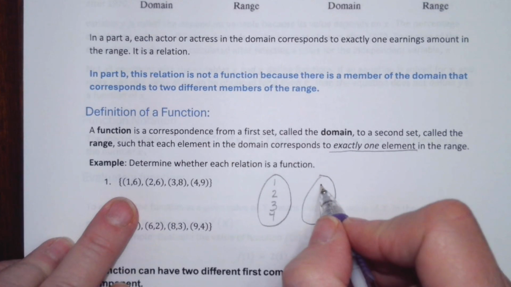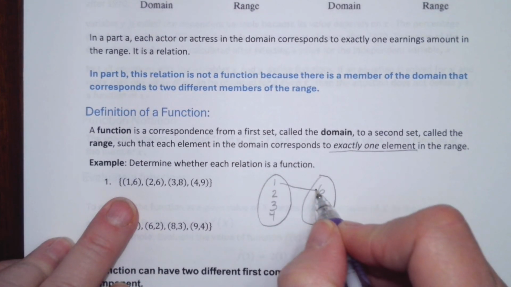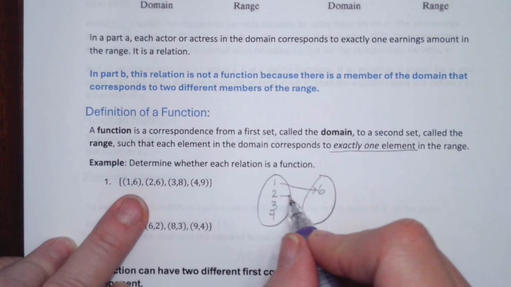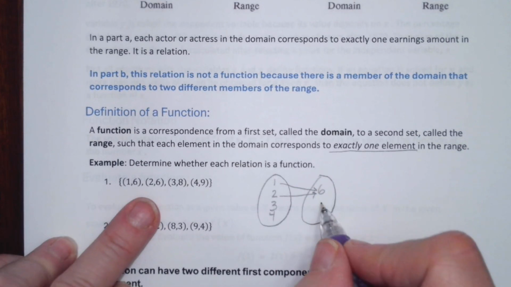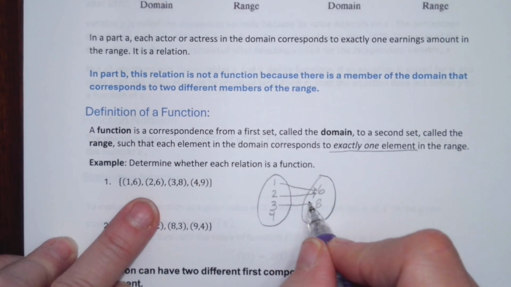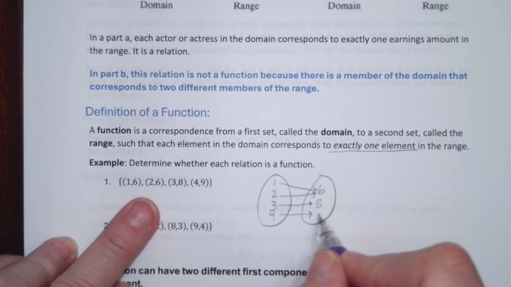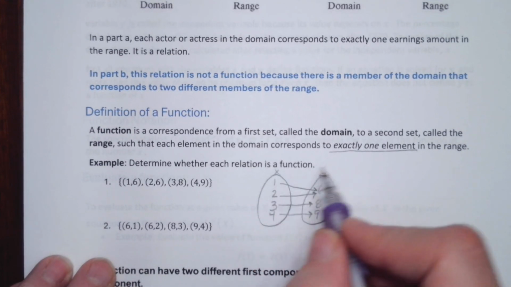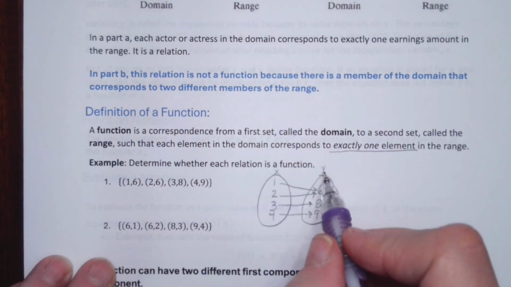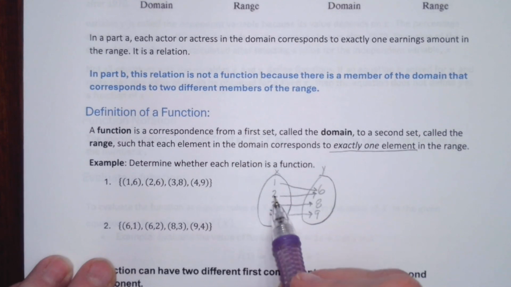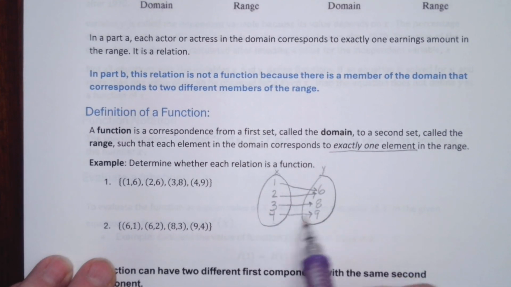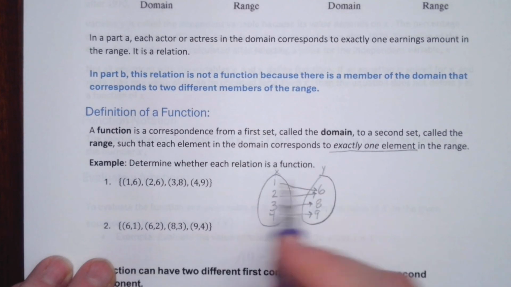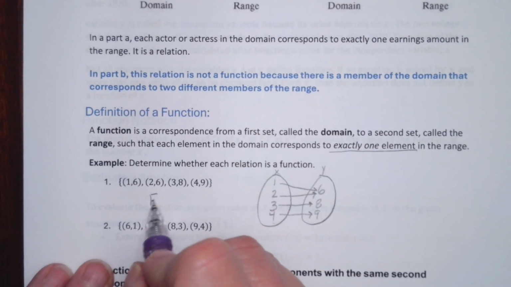So 1 goes to 6, 2 goes to 6, 3 goes to 8, and 4 goes to 9. So this is my X, this is my Y, this is my domain, this is my range. For each one of my X's, it has only one answer. Some of them might be the same, but that's okay. So this is a function.